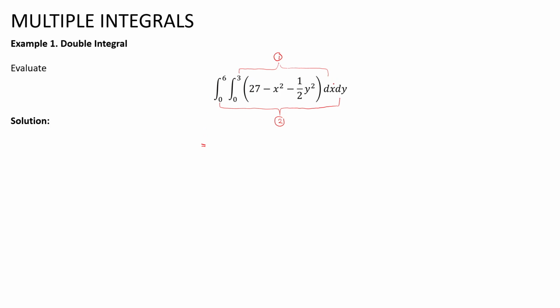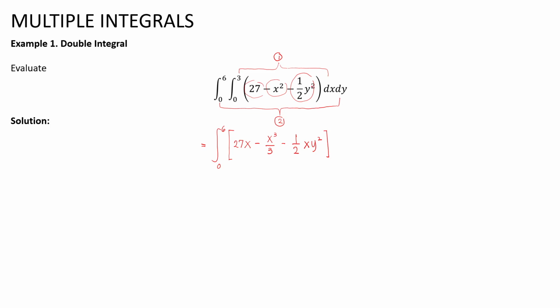If you evaluate x first, notice that the first term doesn't have an x, the second term has x squared, and the third term doesn't have the x variable. So integrating from 0 to 6, you are going to have 27x minus x cubed over 3 minus 1/2 x times y squared.